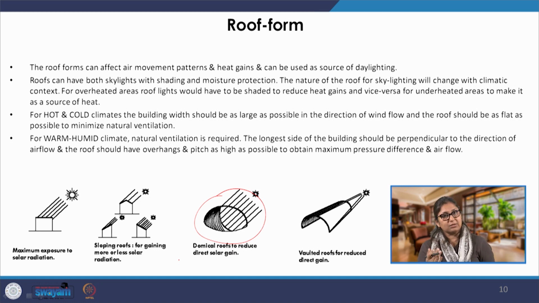At all other times, half of the roof will remain shaded, a large portion will remain shaded and some portion will be receiving radiation. So, there is less radiation as compared to the flat roof.